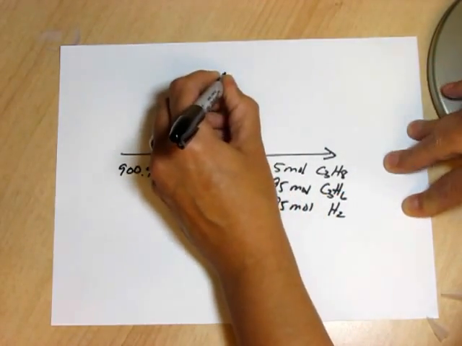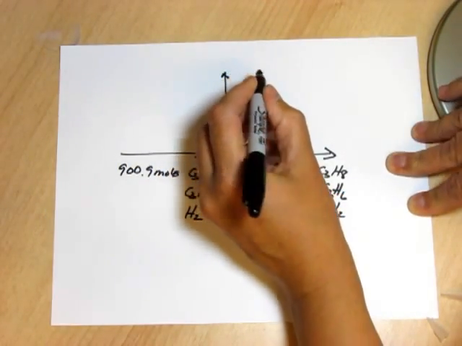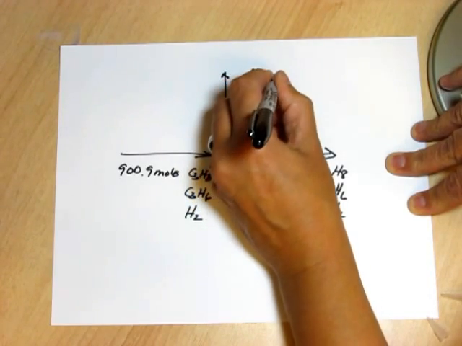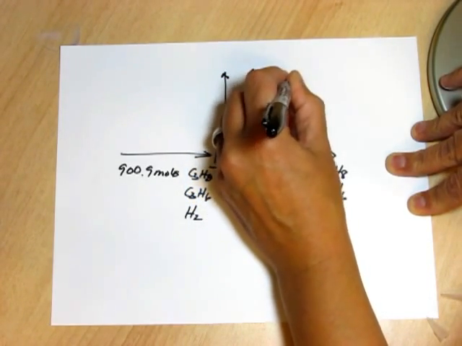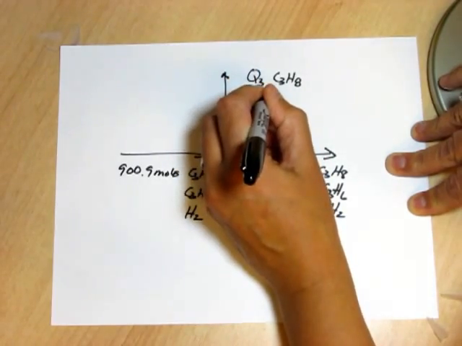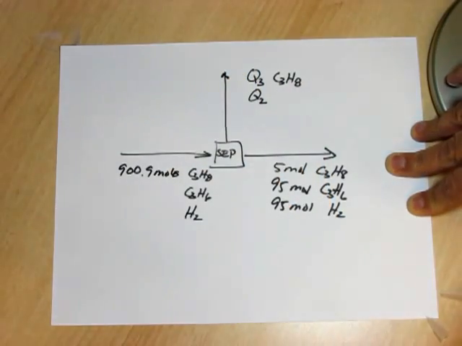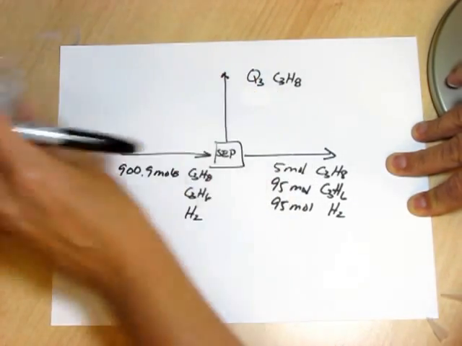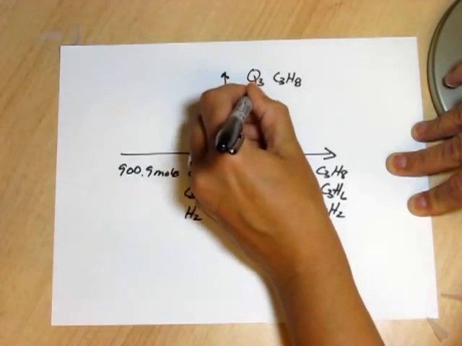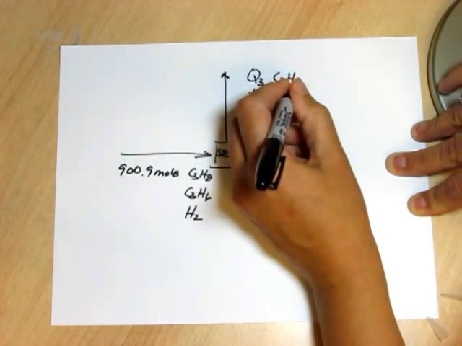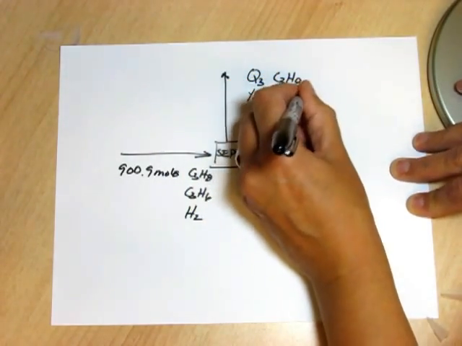Also coming out of the separator is some unknown, I'll call it Q3 moles of C3H8, and Q2 moles, which is given, which I know already, so I'll put the actual number here, 4.75 moles of C3H6.